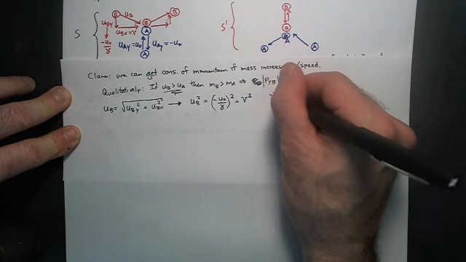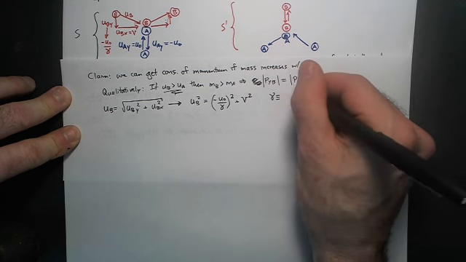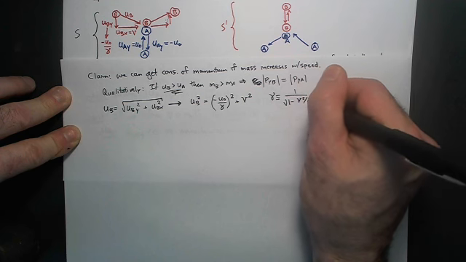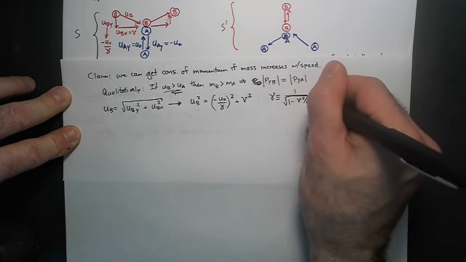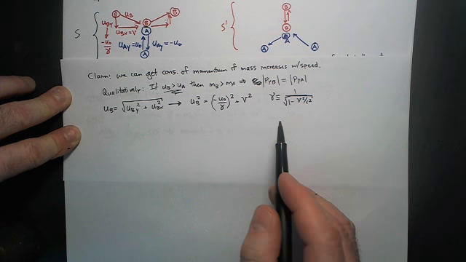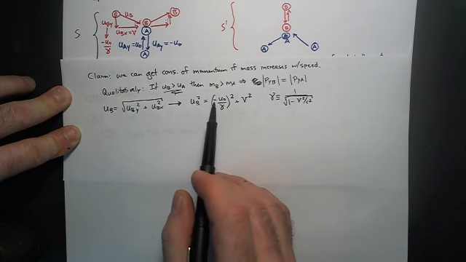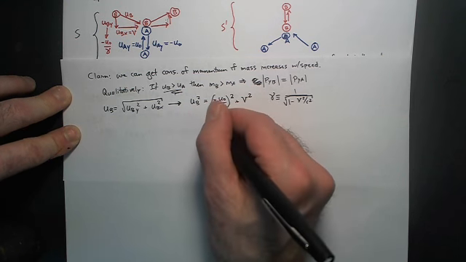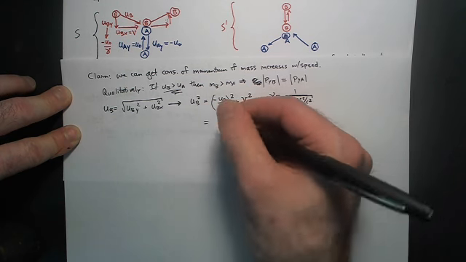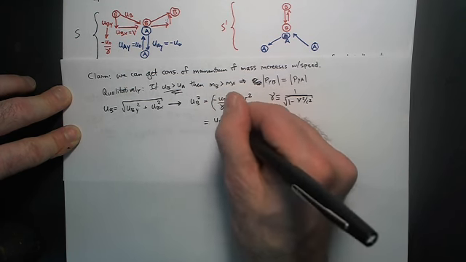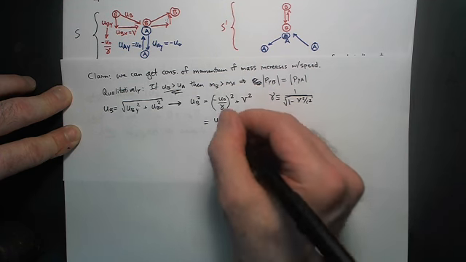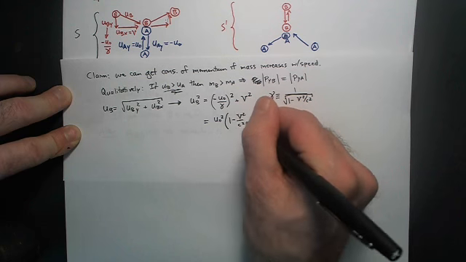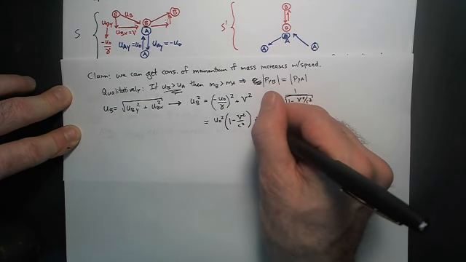Remember that gamma is defined to be 1 over the square root of 1 minus V squared over C squared. And so if we plug that into this equation, when I square it gets rid of the minus sign. So UB squared is equal to U naught squared times 1 over gamma squared, which is 1 minus V squared over C squared, plus V squared.